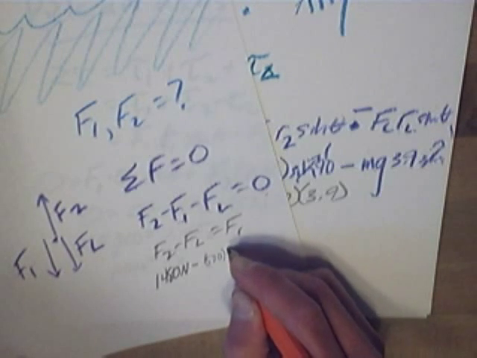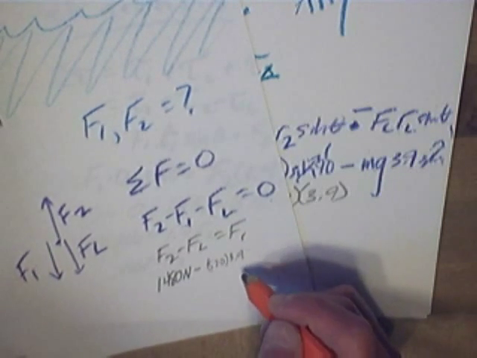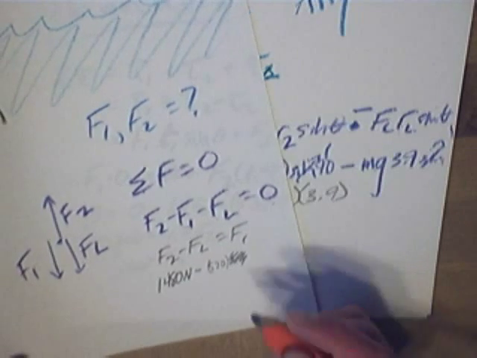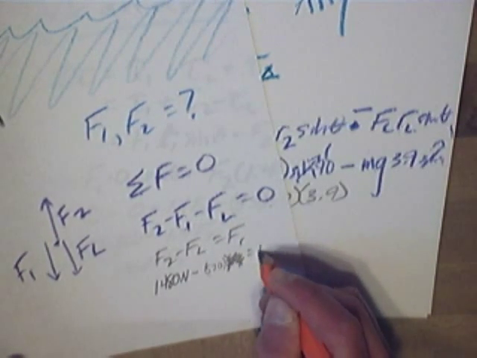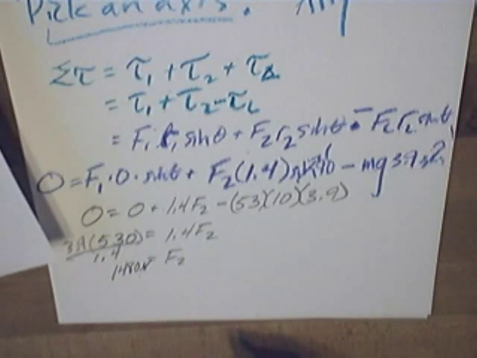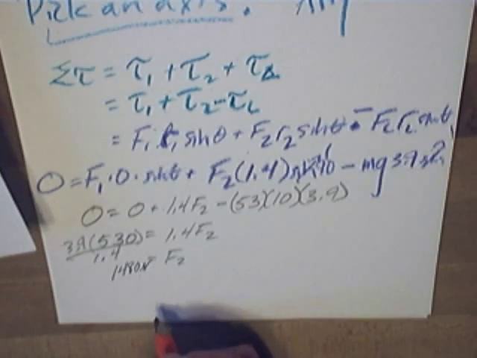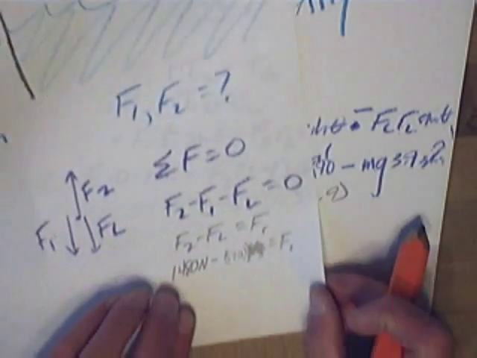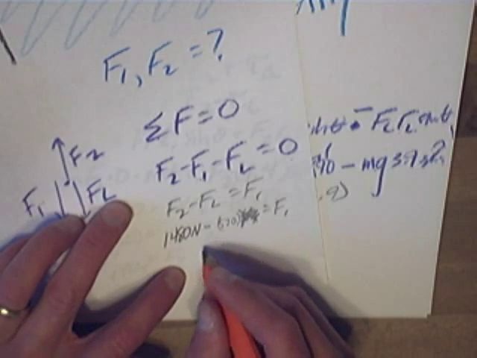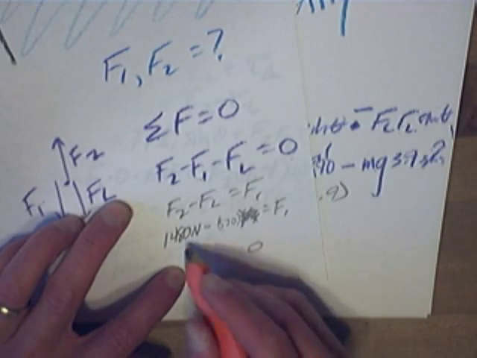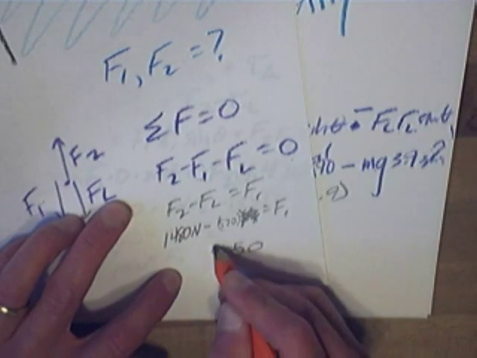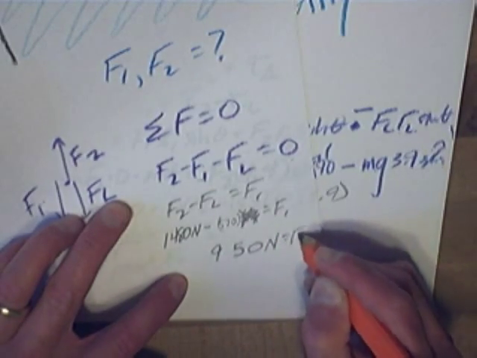I don't need that 3.9. Oh, I'm losing it. There's somebody mowing their lawn outside. So, 1480 minus 530 then becomes 950 newtons equals F1.